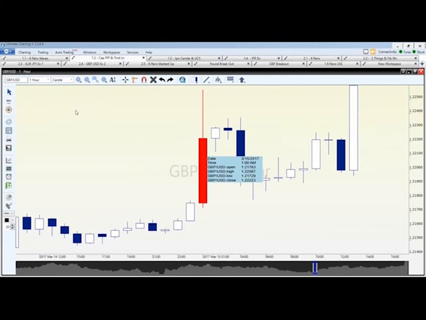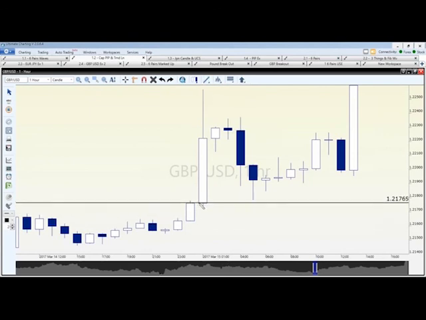And people say, what exactly does that number relate to? Well, here on the right-hand side, 1.22. So it would take 1.22 US dollars to buy 1 British pound. That's all it means.